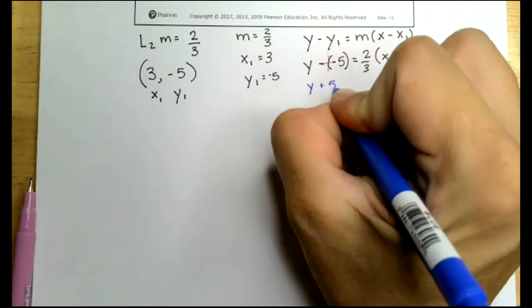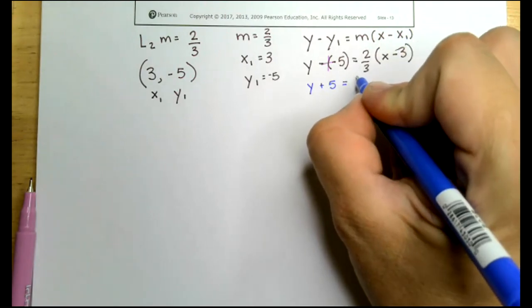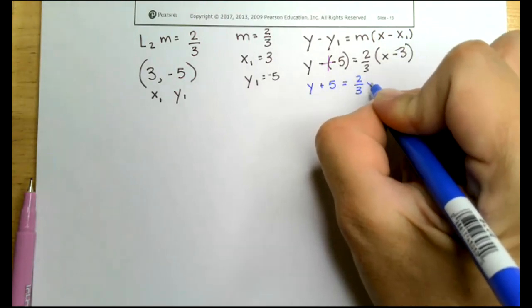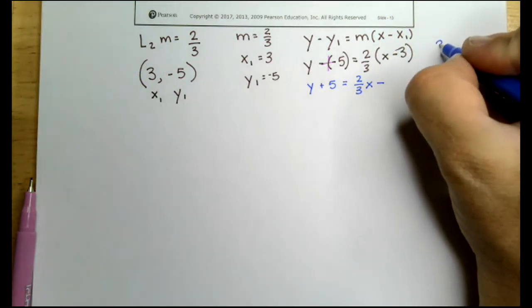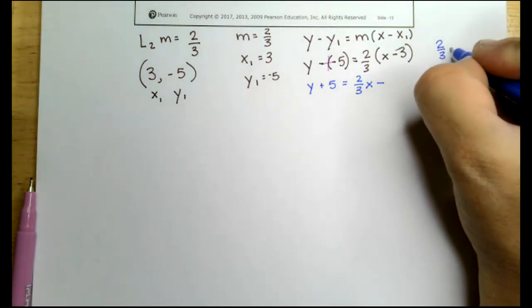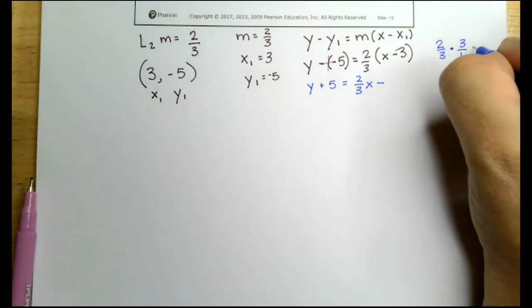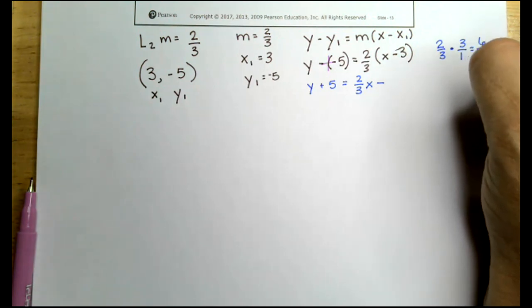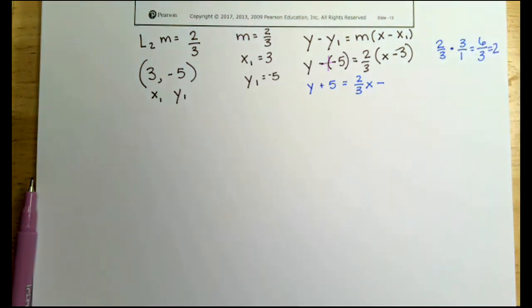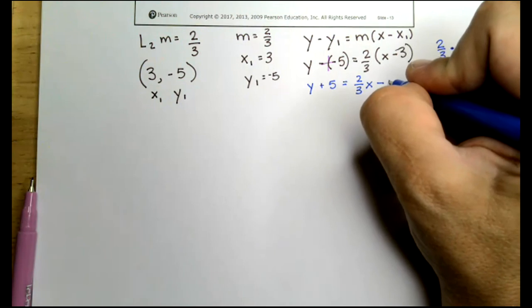This becomes a big plus. y plus 5 equals 2/3 x minus 2/3 times 3/1. 2 times 3 is 6. 3 times 1 is 3. 2. Is that okay? So -2.